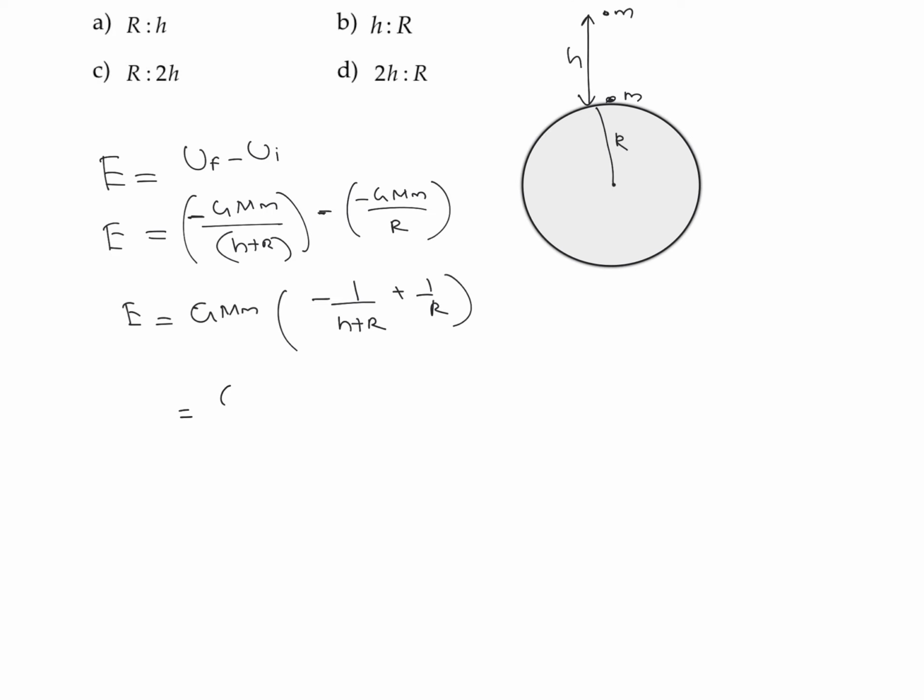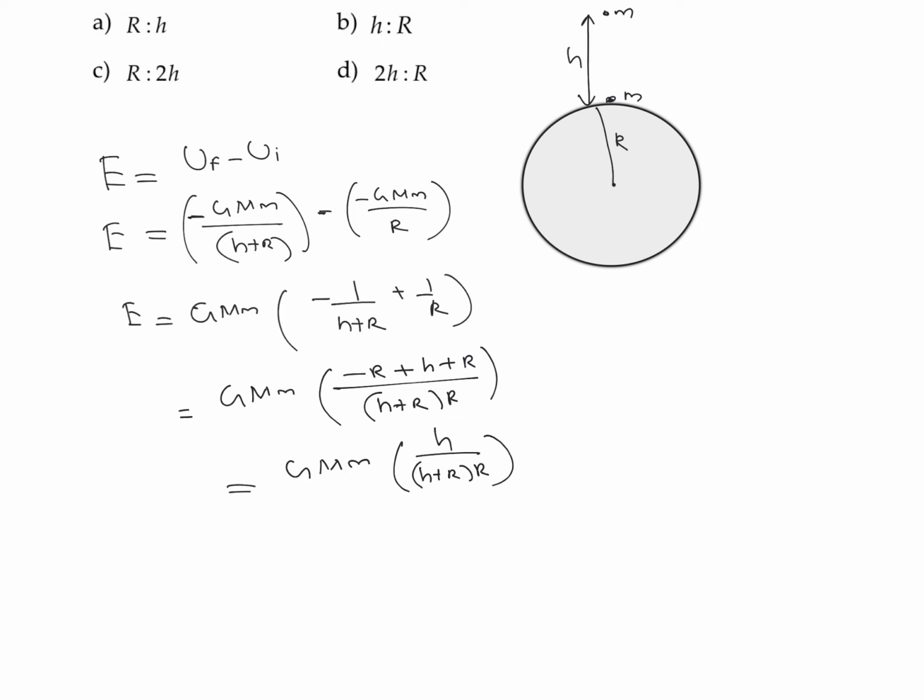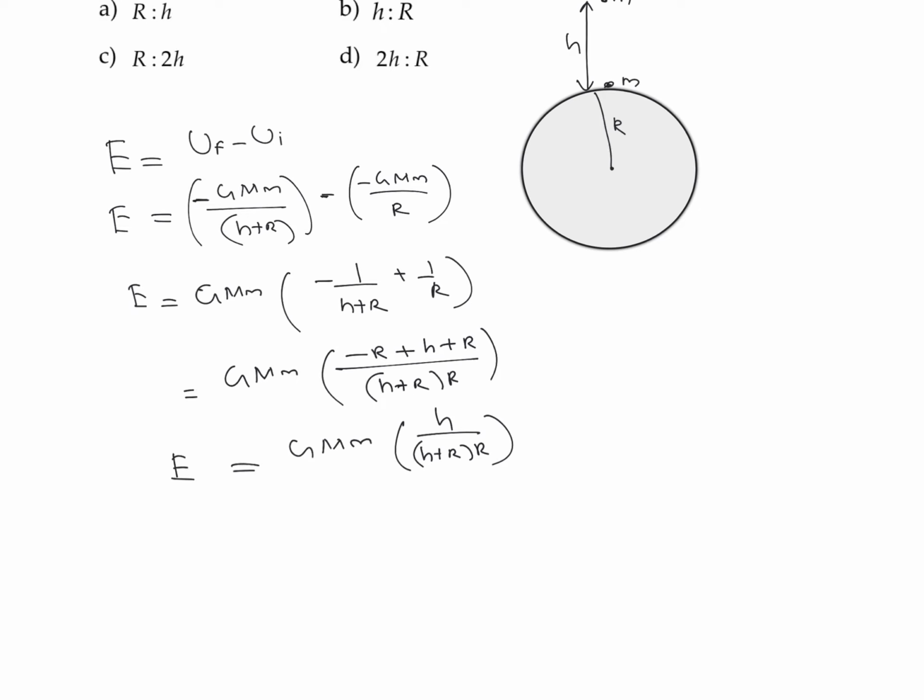Taking (h plus r) into r as the LCM, it is minus r plus (h plus r), so the minus r and plus r get cancelled. We get minus GMm into h divided by (h plus r) into r as the value of the energy required for this process.